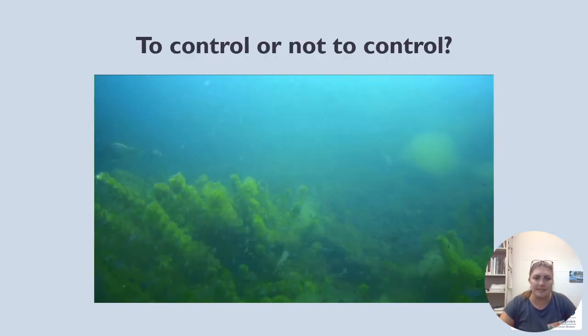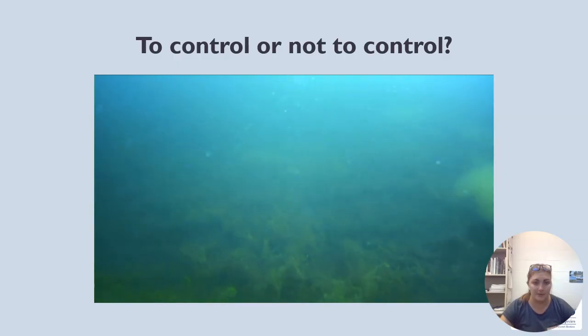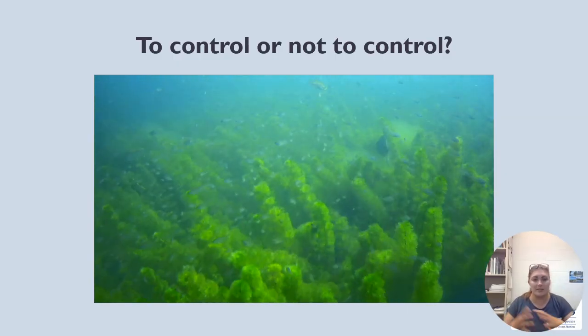So some might say that we shouldn't control it because it's providing adequate habitat and the fish seem to be happy. And that's a valid point. Others may say there are other areas in the lake that have plenty of habitat, the fish will just go there. So it's really the discussion of a lake association, the local town, and stakeholders to decide whether or not to control.